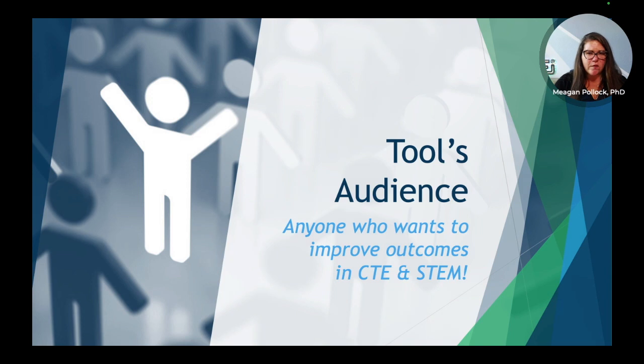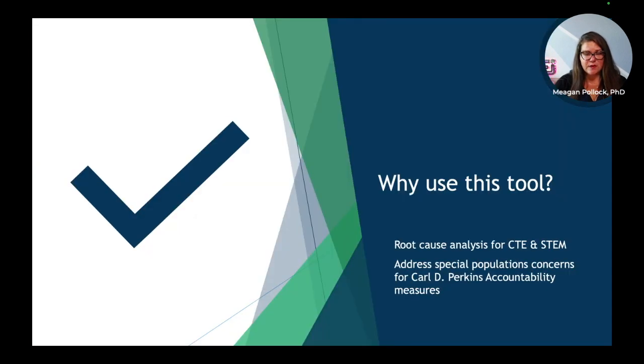Now, most often, our clients aiming to understand and address root causes for concentration and completion in CTE are funded by Carl D. Perkins' Strengthening Career and Technical Education for the 21st Century Act, or Perkins 5. However, this tool can be used by anyone who wants to craft a survey to improve outcomes for students in CTE and STEM.